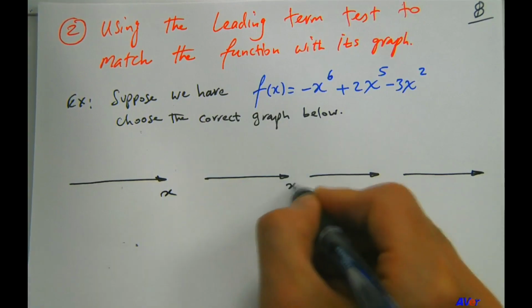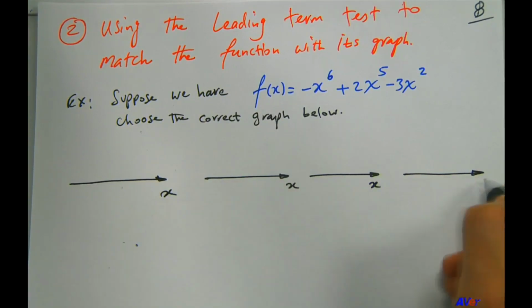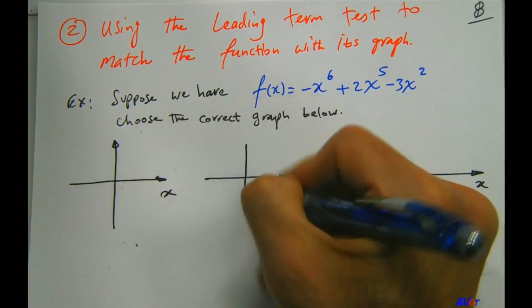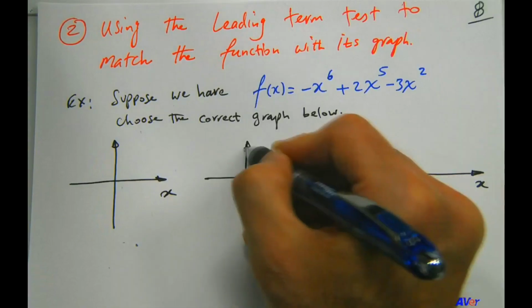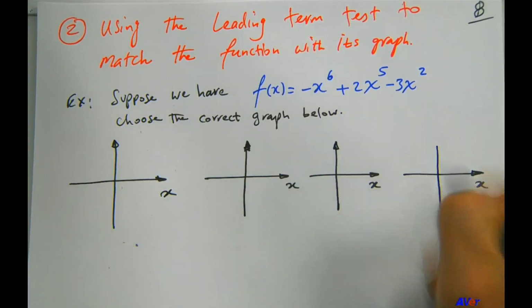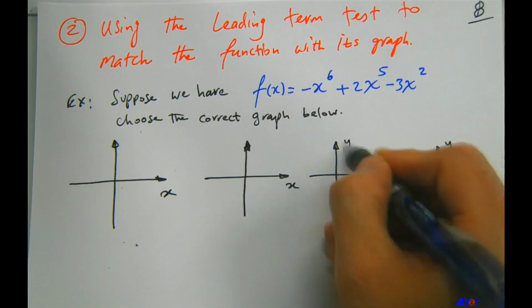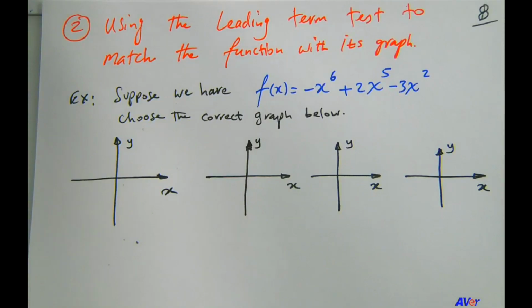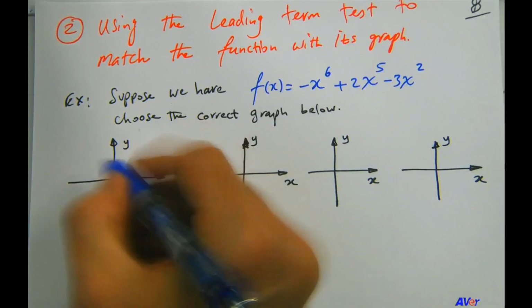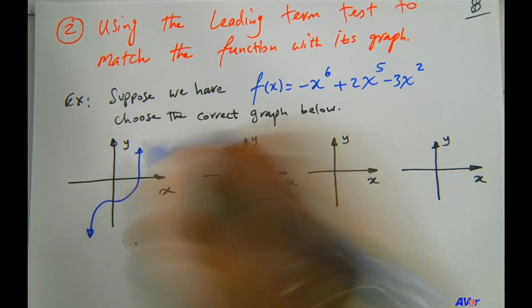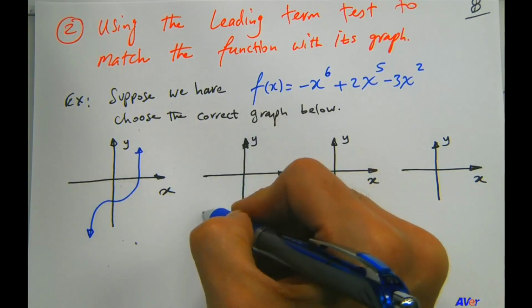So these are x axes, and of course the y axes, like that. And here are the graphs for each one. One looks like that. One looks like this.